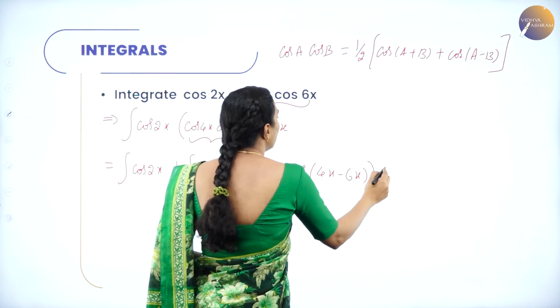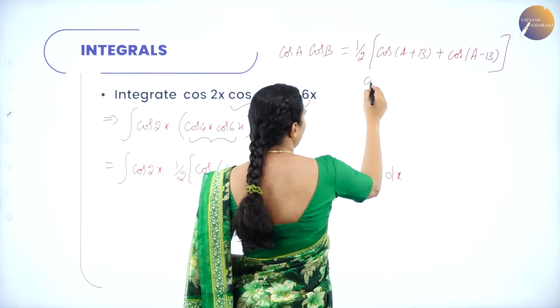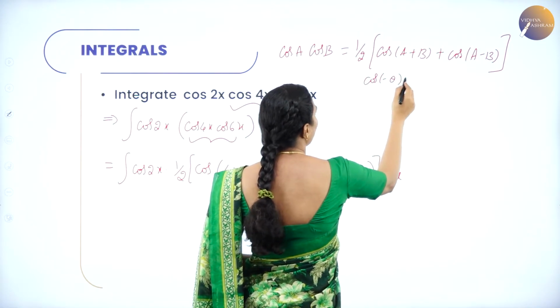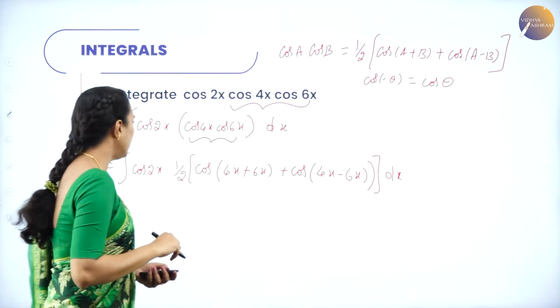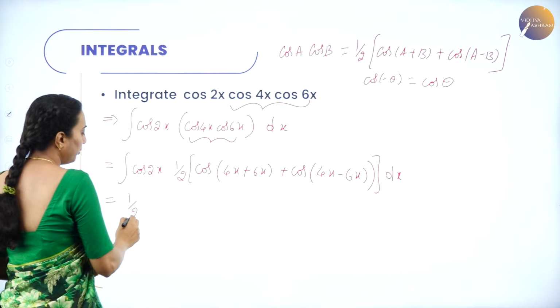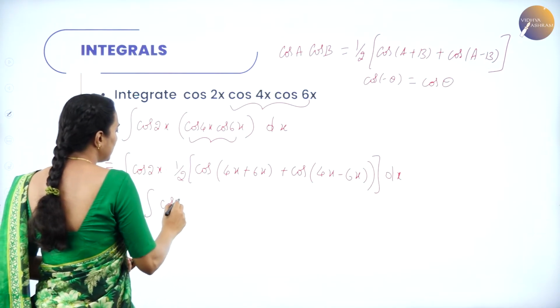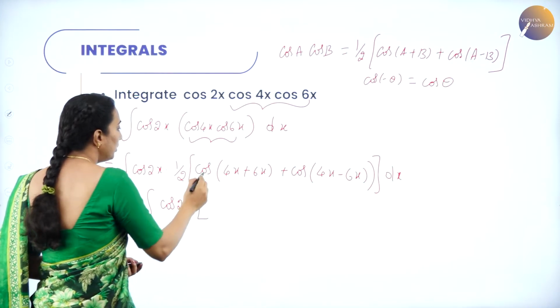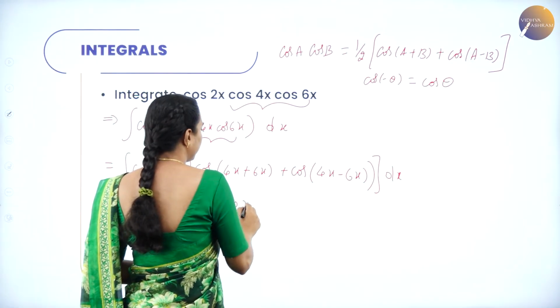Dear students, you have to also remember cos of minus theta is always plus cos theta. Why? I'll tell you when it comes to here. So, see, 1 by 2 is a constant. I am going to remove it outside the integral of cos 2x as it is into cos of 4x plus 6x, which is nothing but cos 10x.